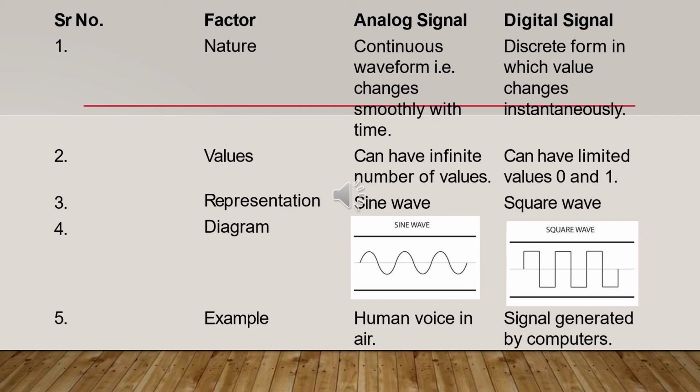Then we discussed the representation diagrams, how the graph looks for analog signals and digital signals respectively. And at last we discussed various examples of both signals, where we generally use analog signals and where we use digital signals.